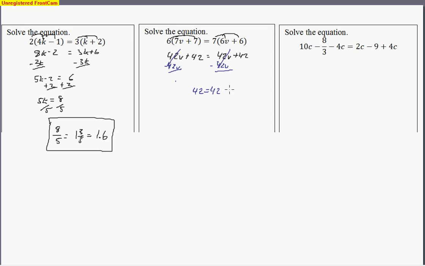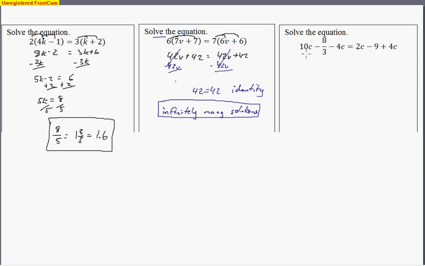When I have this, they call that an identity. An identity means that we have infinitely many values of v, because they say solve. There could be infinitely many solutions. That's what we come up with when we cancel out the variables, but the numbers equal. We have ourselves an identity.